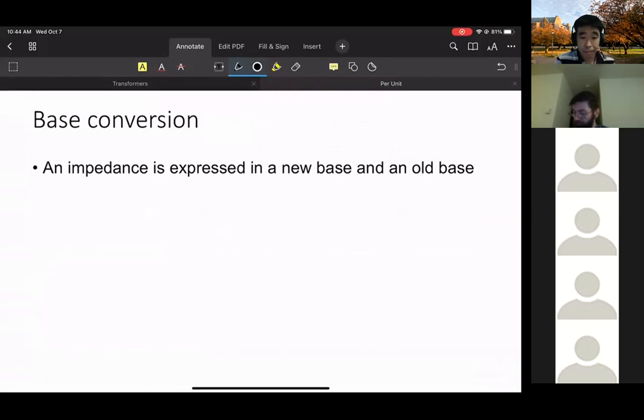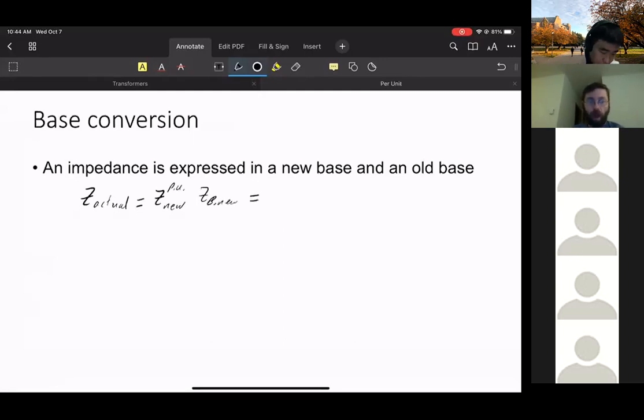Okay, the idea is the following. Let's say I have an impedance, and I want to change the base unit that this impedance is normalized by. So if you look at the actual, and actual means the SI unit, this is equal to the base of the new things times the per unit referred to the new base.